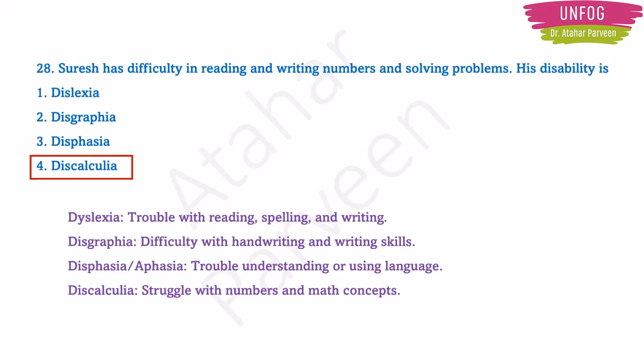Here the person has trouble in understanding or using language. Then dyscalculia is the disability of a person wherein he or she will struggle with numbers and maths concepts. Okay, clear, right? So this was also a very important question. Any of the four disabilities can be framed in a question and it can be asked. So we can expect a question this time.